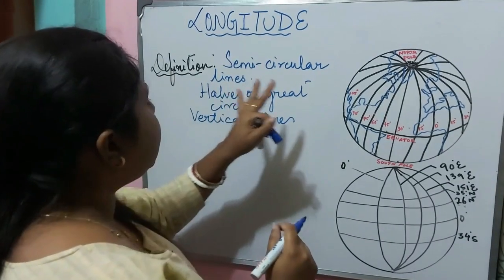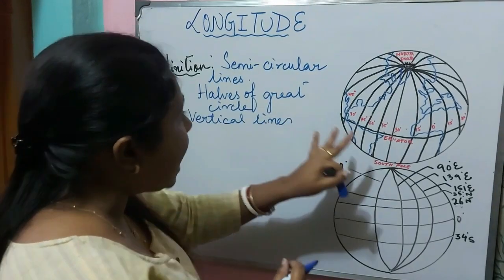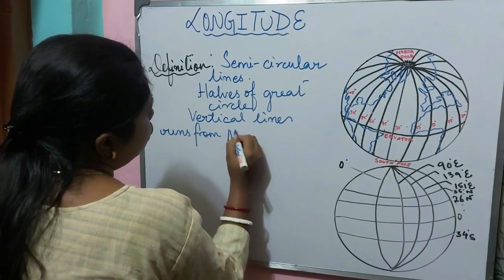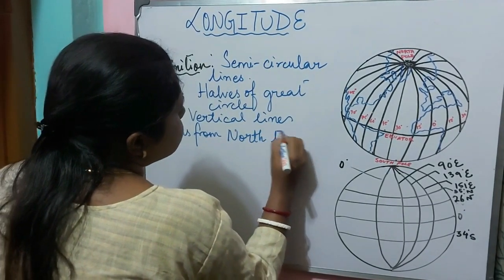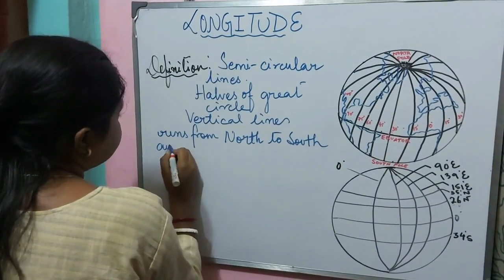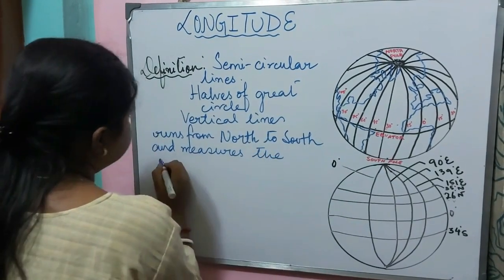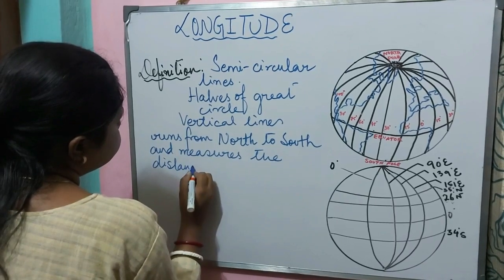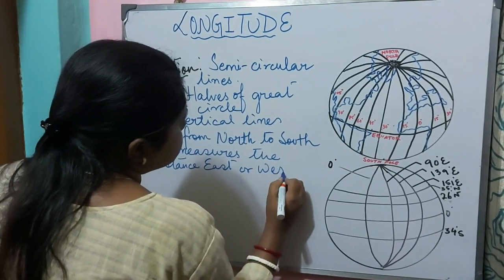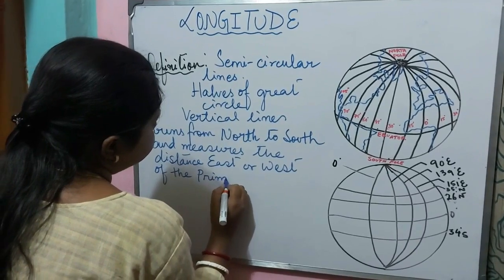Semicircular lines, which are halves of a great circle, vertical lines that run from north to south and measure the distance east or west of the prime meridian.